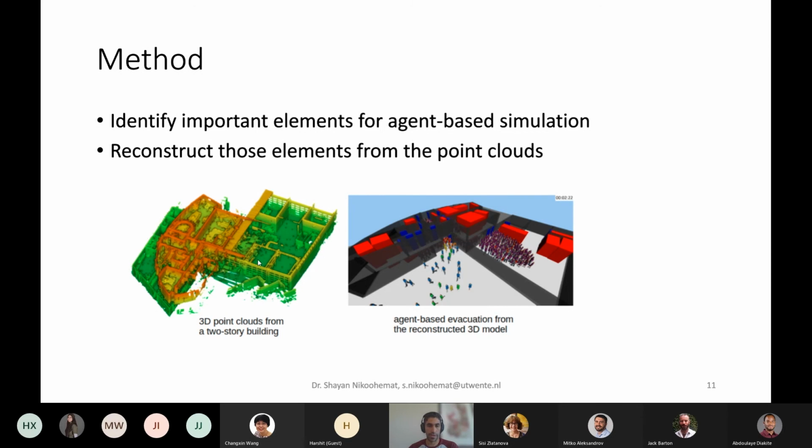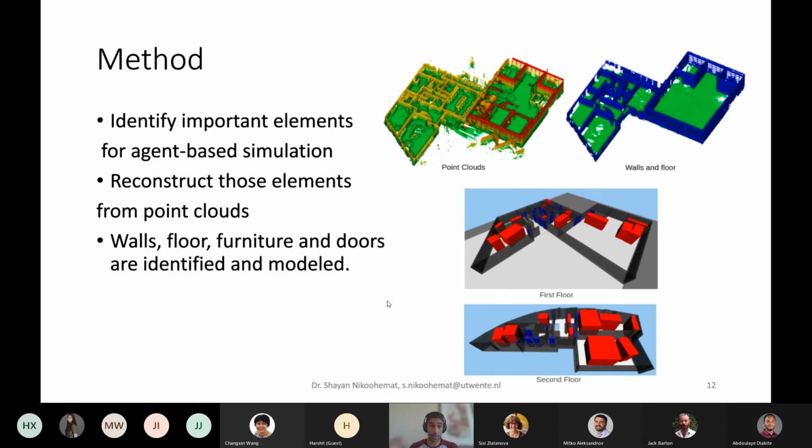On the left, you see the building that has 2 floors, and it is very cluttered with furniture and also noise. On the right, we created a 3D model. We added obstacles, so some furniture as obstacles, and doors to be able to do agent-based simulation.